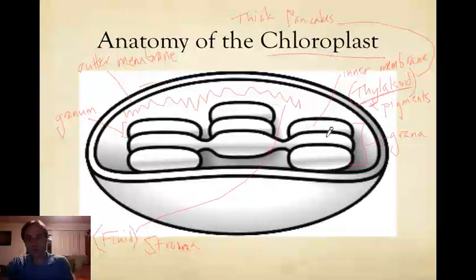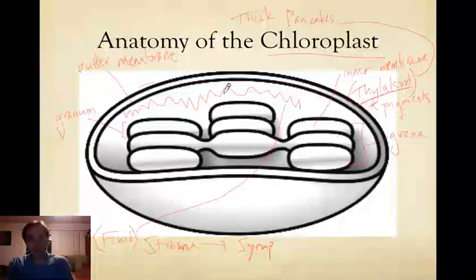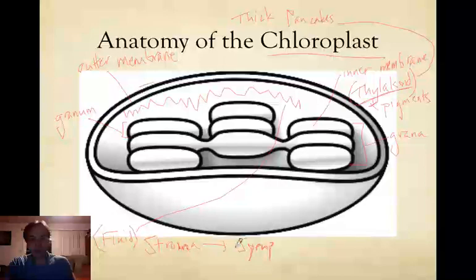So the T in thick stands for thylakoid. And if I have pancakes, I generally put syrup on them. So I think of the stroma as being the syrup around the pancakes, the fluid. The S in syrup stands for stroma. All right, make sure that you've labeled your chloroplast.